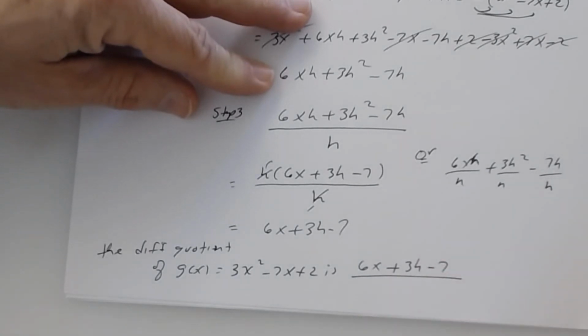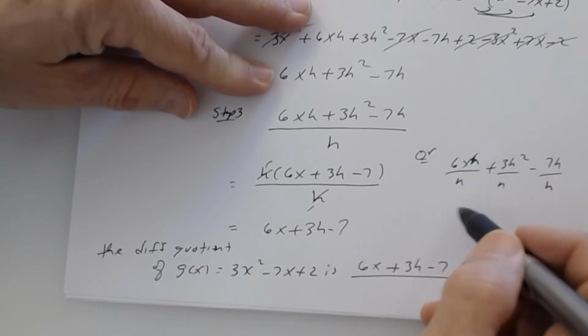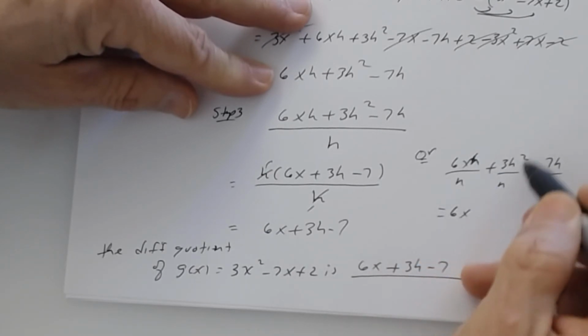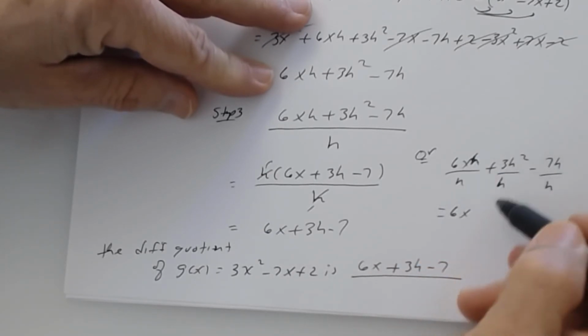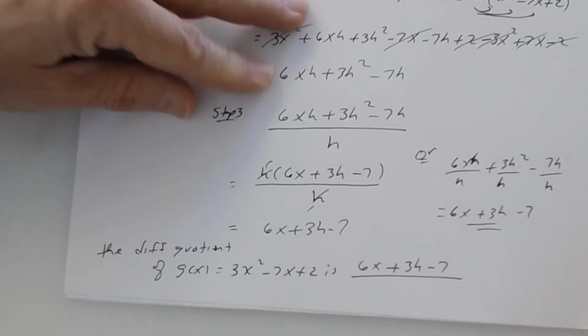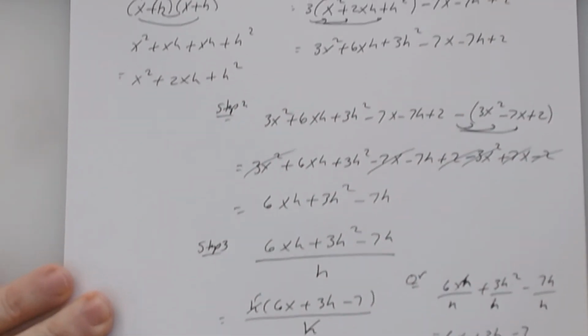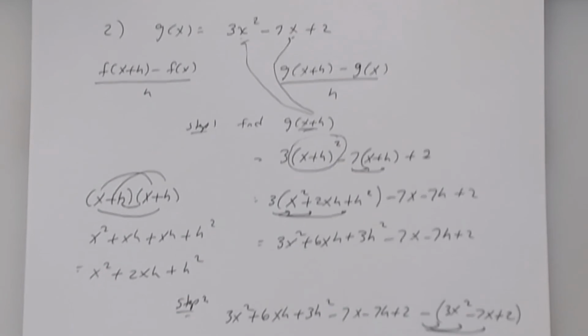And then reduce. When I reduce, you see those h's divide out here? I can reduce one of these, and what's left? Plus 3h, and then these divide out, what's left? Minus 7. All right, so either approach is fine. But notice there's a whole page to do a quadratic one.